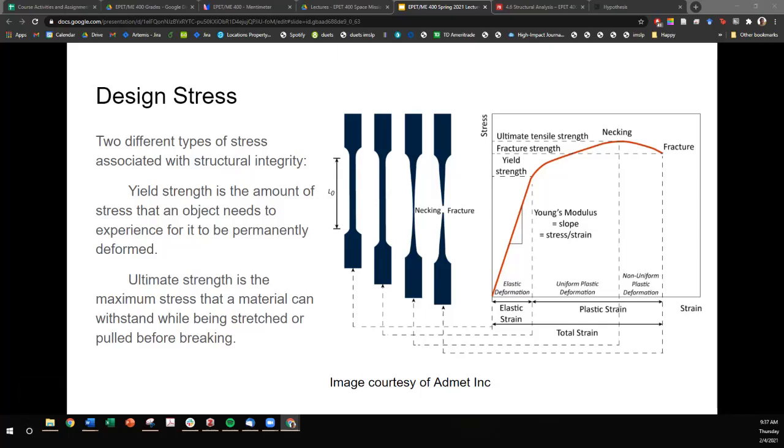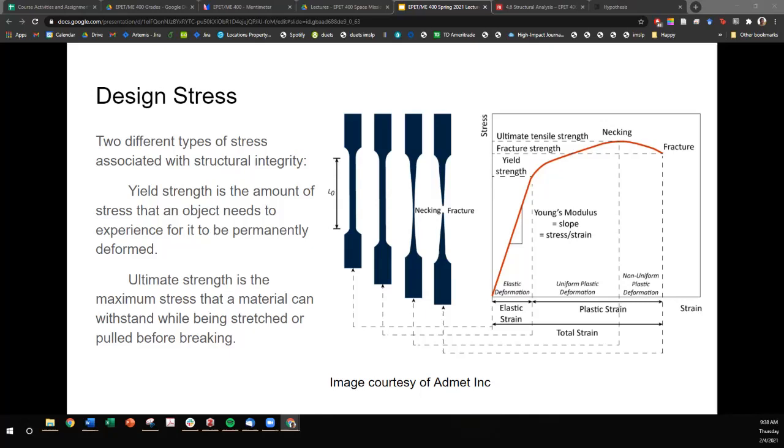So I'm going to explain this stress strain plot here real quick. Strain is how an object deforms when forces are applied to it. So typically, a material has a region called elastic deformation, where you have your material structural component with no force on it. This is its original shape. At some point, you're going to apply some force to it, some stress, and it's going to deform.